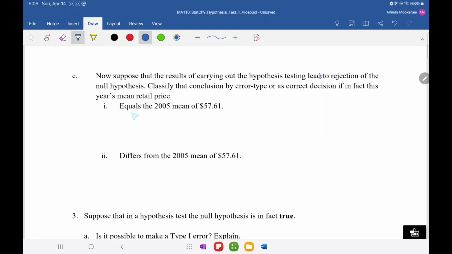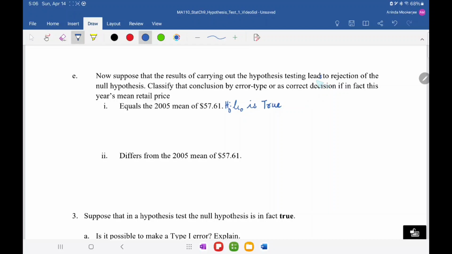So let's try to understand what the situation is. When it says equals the 2005 mean, that means the null hypothesis mean was actually correct. So this year's mean retail price is the same as the 2005 mean. That means the null hypothesis mean, mu sub 0, is true. So when the null hypothesis mean is true, we can only make a type 1 error, correct?